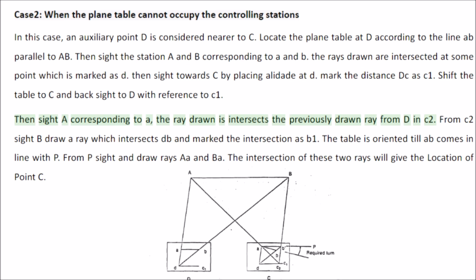Then sight A corresponding to A. The ray drawn intersects the previously drawn ray from D at C2. From C2 sight and draw a ray which intersects DB and mark the intersection as B1. The table is oriented till A comes in line with P from the side, and draw rays A and B. The intersection of these two rays will give the location of point C.